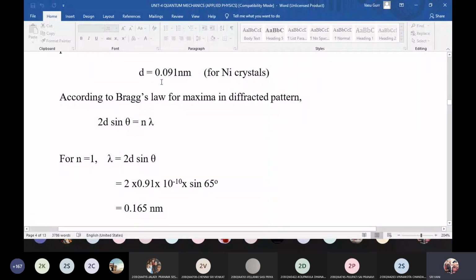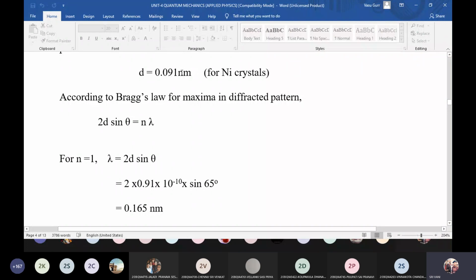They used the help of this formula in their experiment. Already we get d in the experiment, that is the d value 0.091 nanometers, or we can write it as 0.091 × 10^-9 m also.